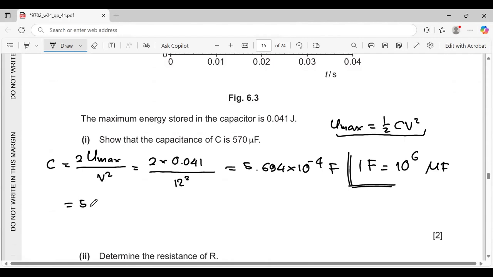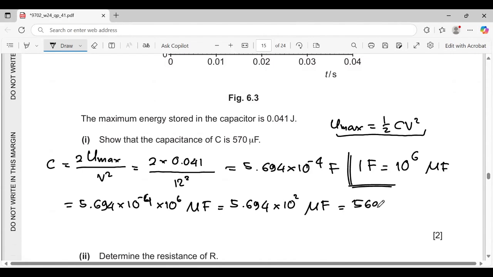So I'm going to multiply by 10 to the power 6, and it becomes 5.694 times 10 squared mu farad. And it is 569.4 mu farad, or 570 mu farad, like this one.